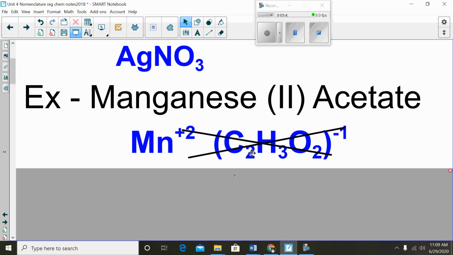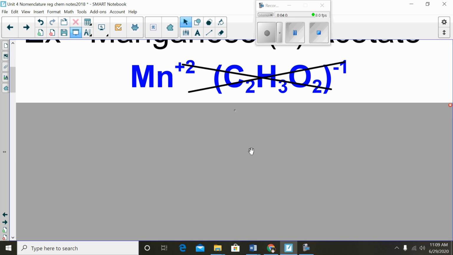So I have C2H3O2, and I like to keep that in parentheses so you understand that that entire polyatomic has the -1 charge. Now this means manganese can lose 2 electrons, and each acetate can gain an electron. So to make this neutral, you need 2 acetates to make this possible.